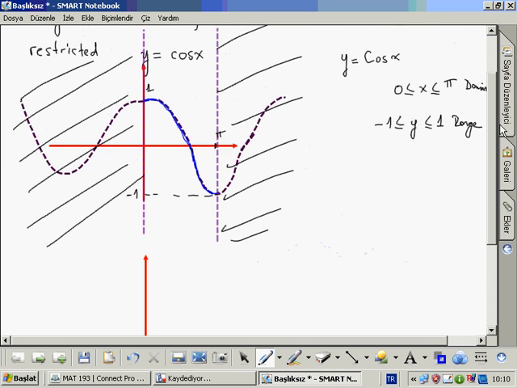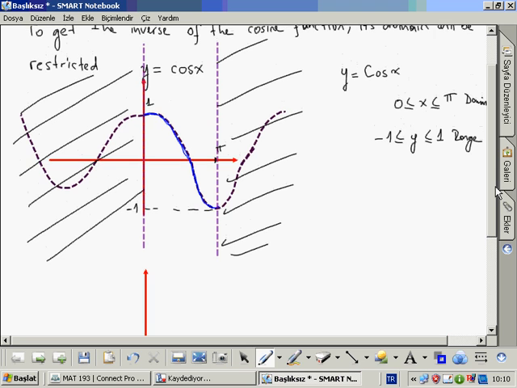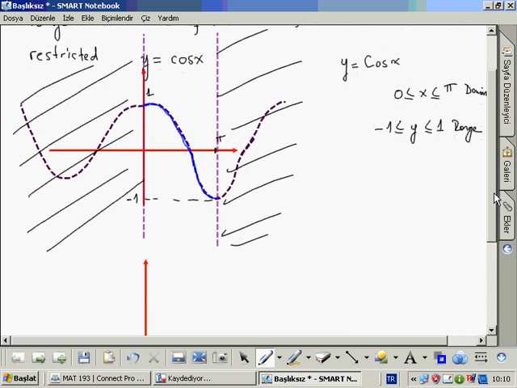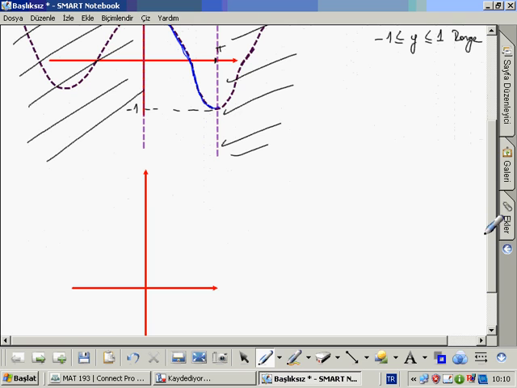Look at it: cosine 0 is 1, so inverse cosine 1 will be 0. We'll go like that, and cosine of pi is -1, so it's like that.